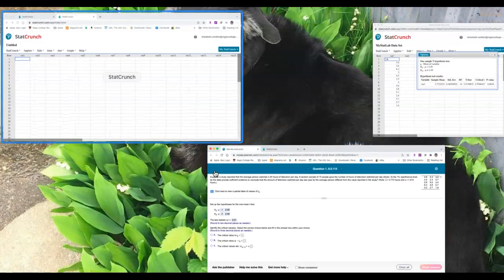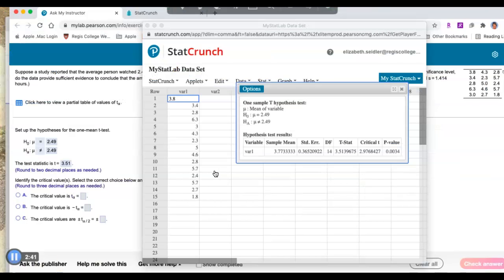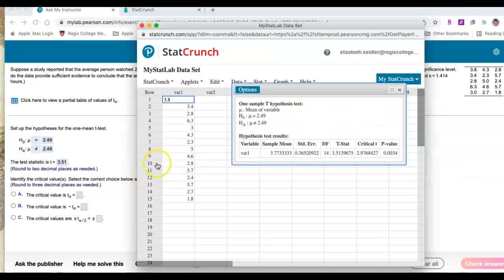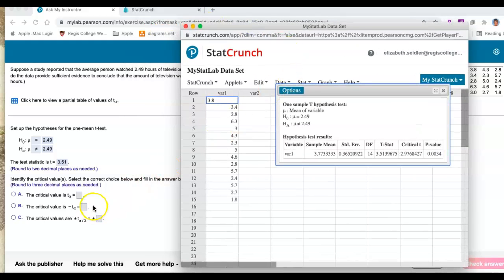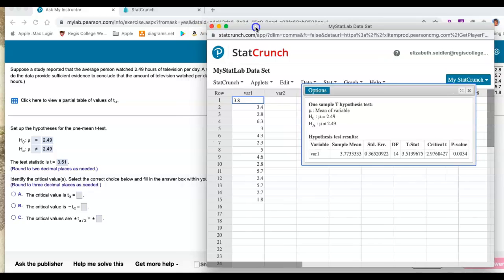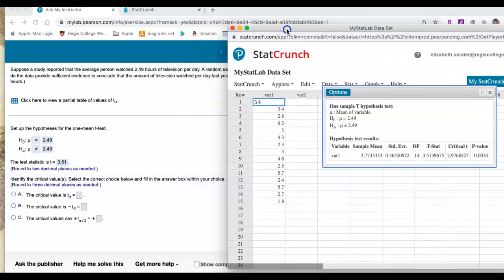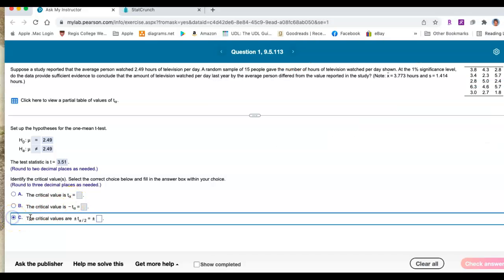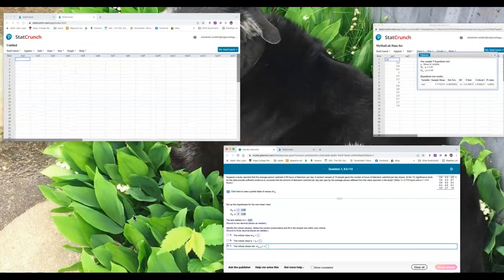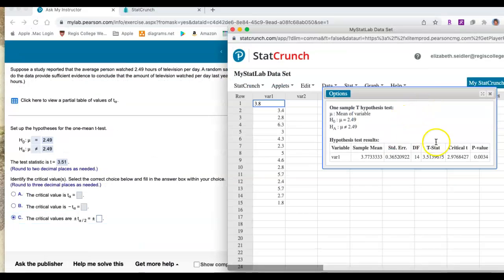So let me pull my Statcrunch back up. And now it wants to know the critical values for T. So because this is a two-tailed test, we're using the not equal sign, could be greater than or less than. I know that it will be C. And once again, let me go back here.